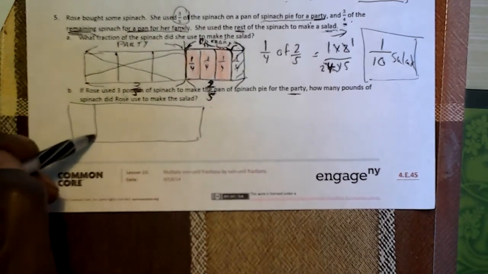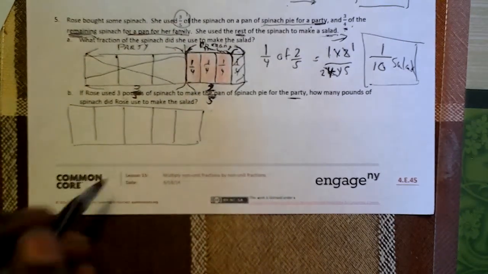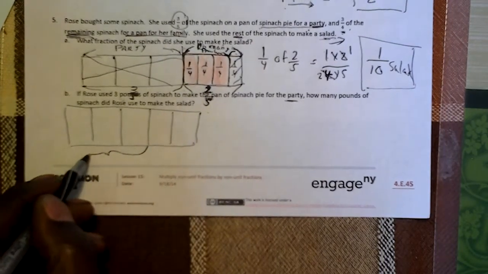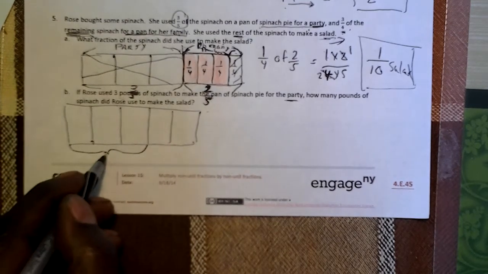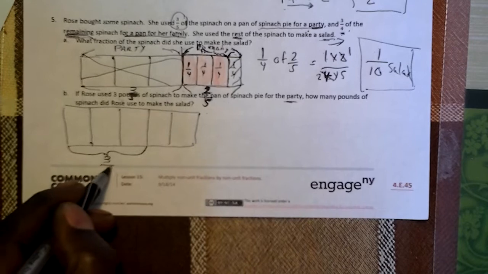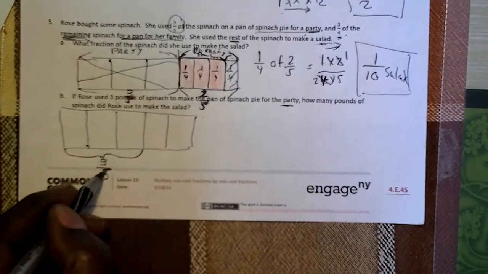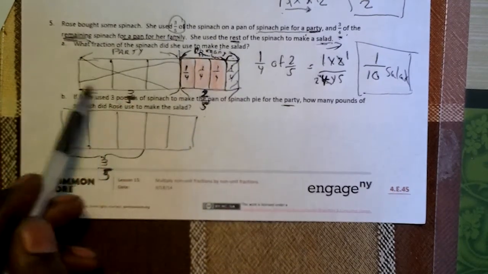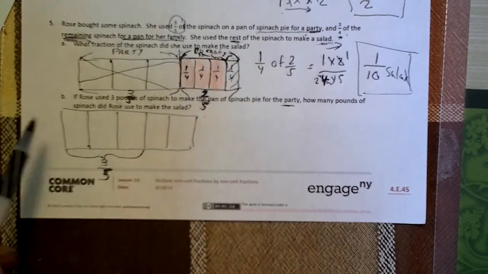So let's split this into 5. 1, 2, 3, 4, 5, right? So she used this section, right? Which is 3/5, right? So it says she used 3 pounds to make 3/5, right?